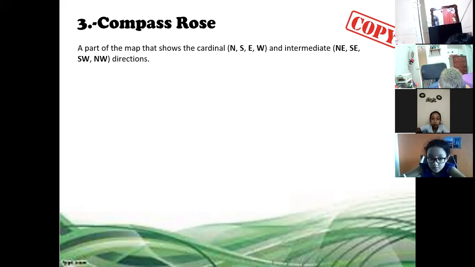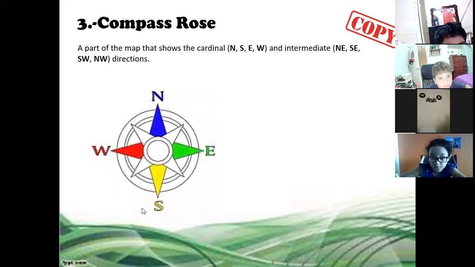So a part of the map that shows the cardinal directions: north, south, east, and west. Those are the cardinal directions. And also intermediate directions.